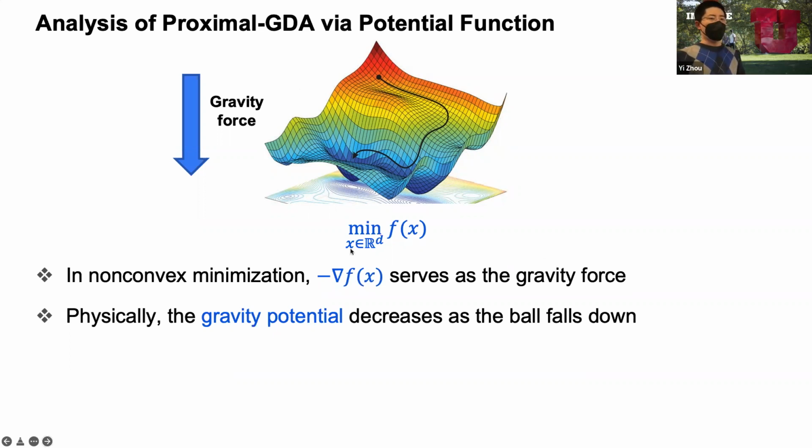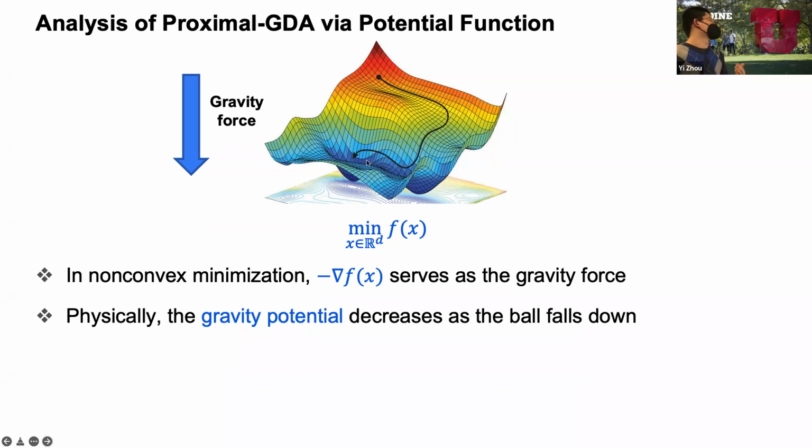In classical machine learning, when we talk about minimization problems, for example, if we apply gradient descent to solve this problem, here's a visualization of the optimization process. This is the landscape of the objective function. We start from here and, following gradient descent, we go down and converge to some local minimum point.